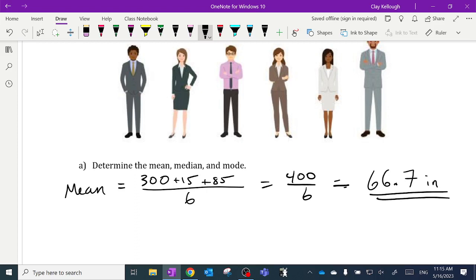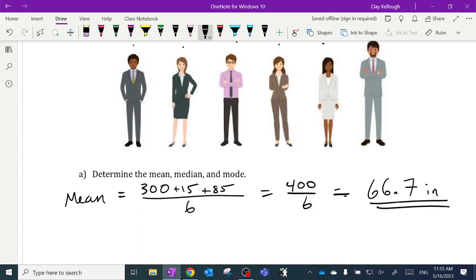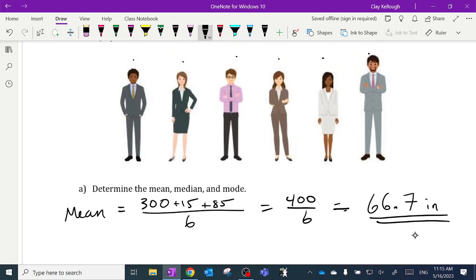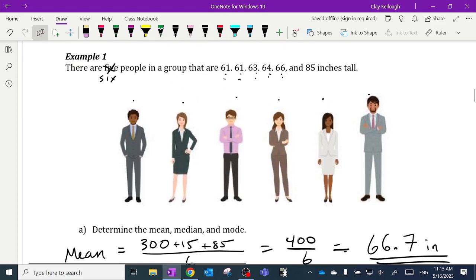Now, let's think about that mean for a sec. Is this a good reflection of the center of my data? Only one person is actually bigger than this number, the super tall guy. Everybody else is quite a bit shorter than 66 inches. The second tallest person's, I guess, close, but then everybody else is significantly a couple inches smaller than that.